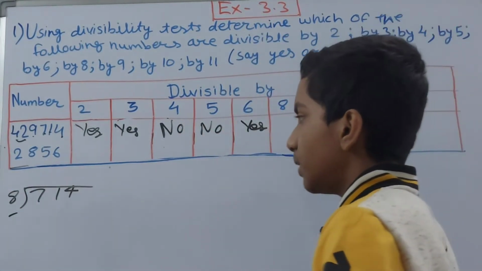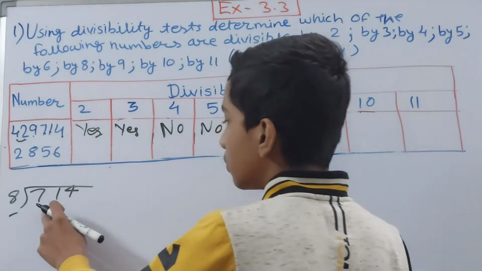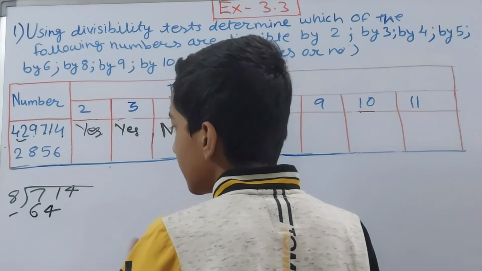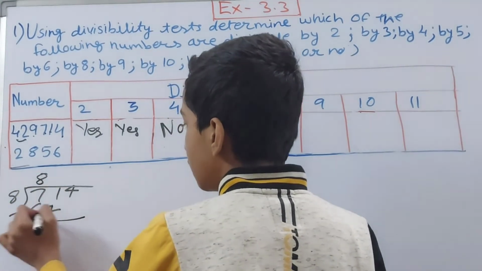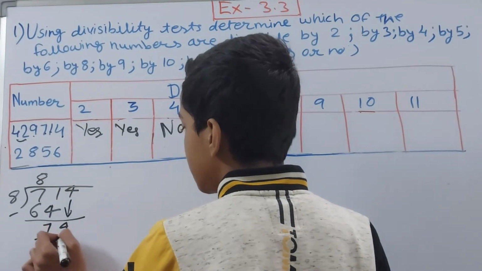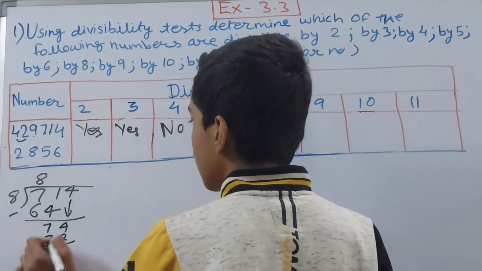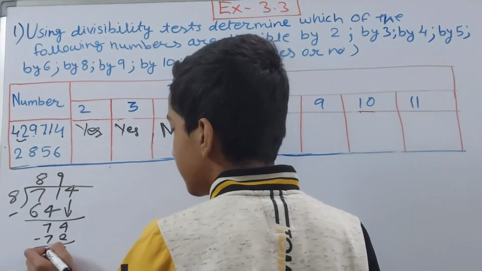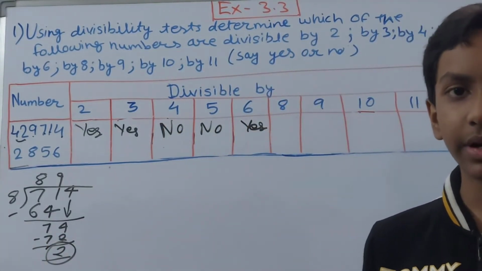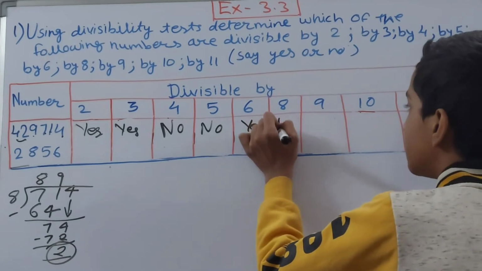Here, 72 will go 9 times, 64 will go 8 times from this. 8 times, you will be left with 7. Again you take the 74 minus 72. You are left with 2, and 72 goes 9 times. So you see we have a number in the remainder, so it is not completely dividing that. That means it is not divisible by 8.